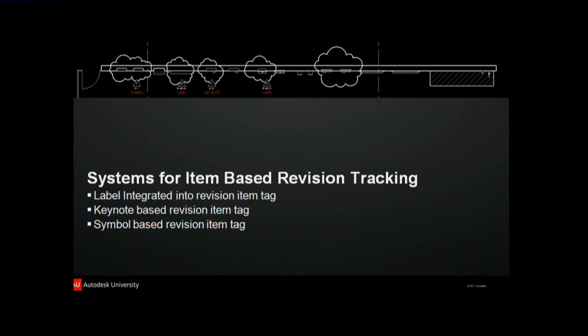And then I'll show how to create a keynote-based revision item tag, and this is using Revit's Keynote system to tag a proxy object and track individual revisions. And then I'll show a symbol-based revision item tag that uses a generic annotation family that just accompanies the revision tag and adds per item information.